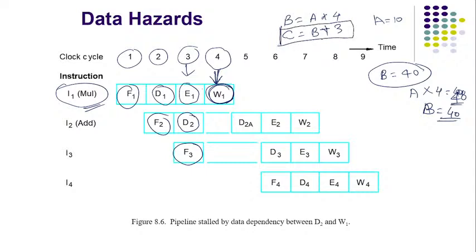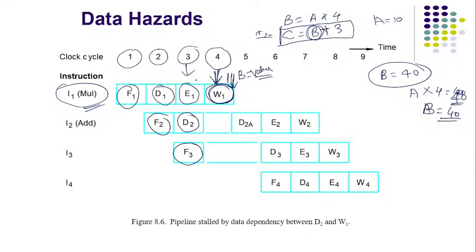Decode means it is supposed to decode the value of B. But यहाँ क्या होता है, decoding means it has to decode the value of B. So the value of B is not available because at the end of the clock cycle 4 we will get it. Write result होने के बाद we will get the B value.